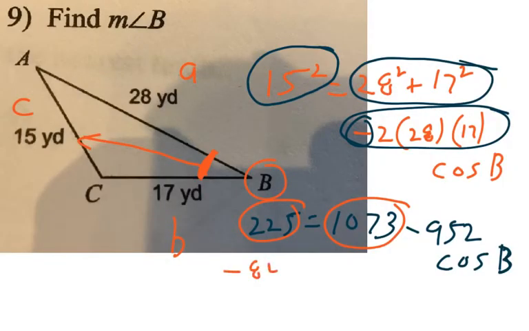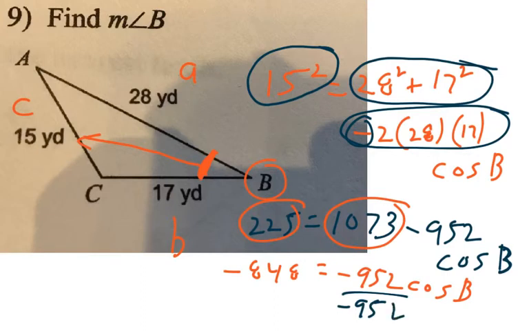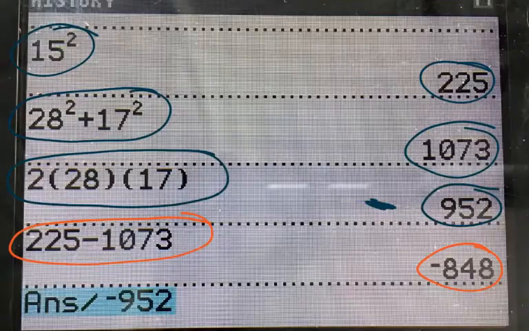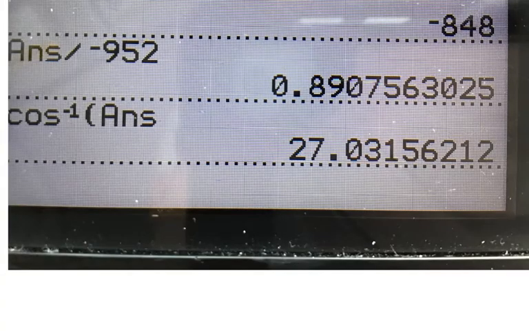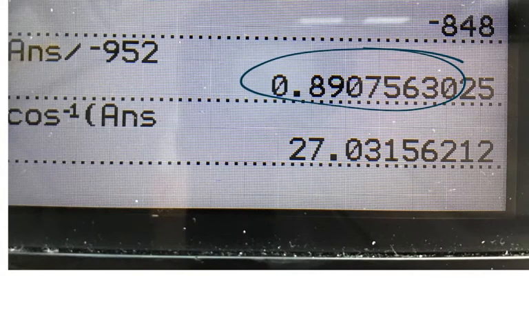So negative 848 equals negative 952, watch your signs, cosine of B. The only thing left to do is let's divide by negative 952 both sides. We're just solving for cosine B, guys. So let's see if I did that correctly. I took my answer, divided by negative 952, and I got 0.8907.